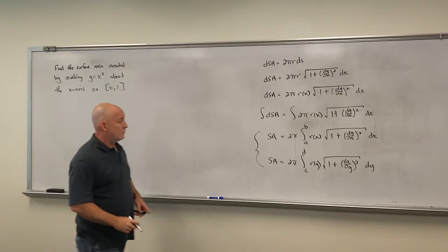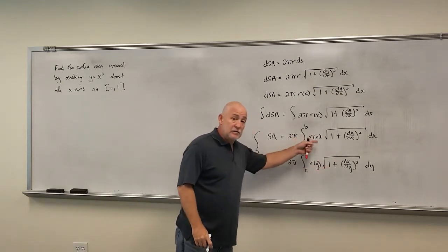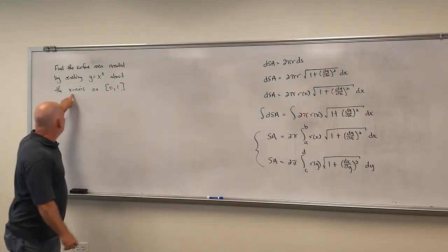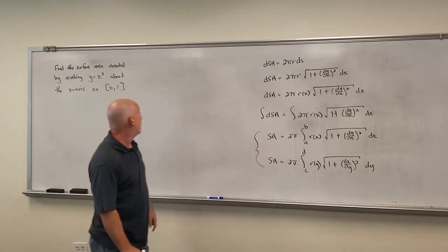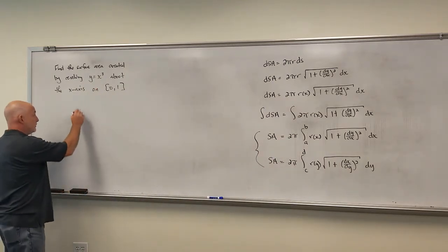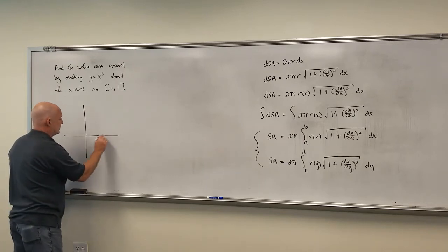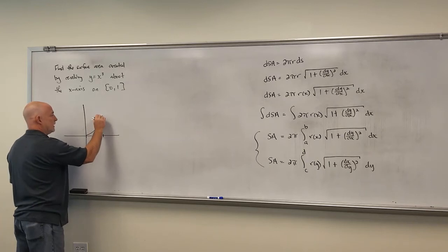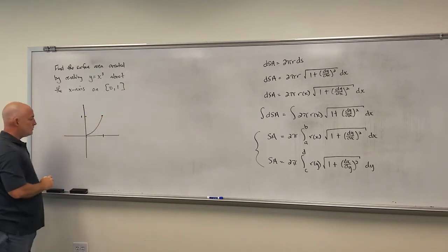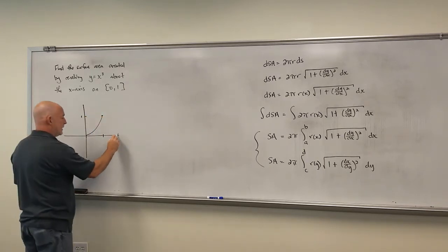Again, we're just using one of these two formulas. Since here we have y as a function of x, we're most likely going to be using this formula here. You don't necessarily need to do a quick sketch, but just so you can see what's happening, since I'm going from 0 to 1, I know my curve looks like this, and I'm going about the x-axis.